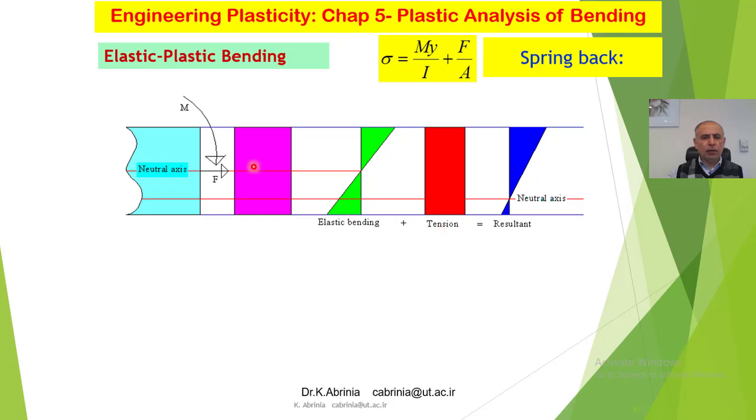So if we add this together, we have a stress distribution for the bending moment and a stress distribution for the tensile force. Then if we add them together, for instance, this plus this gives that.